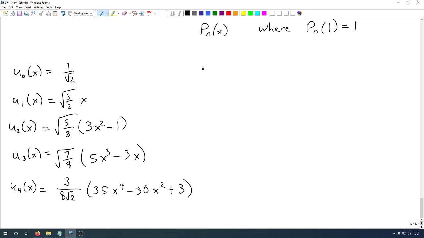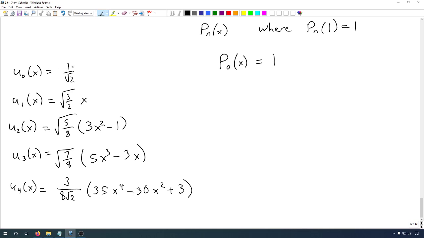So let's think of something that we can multiply u0 by to get a p0, a degree 0 polynomial that has its value at 1 being just 1. Well, that one's pretty easy. It's just 1. We go back to the original 1 that we started with.